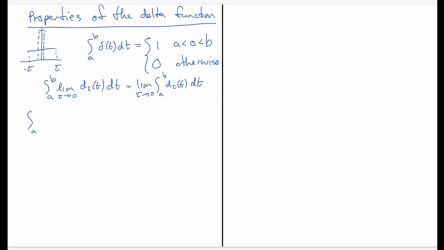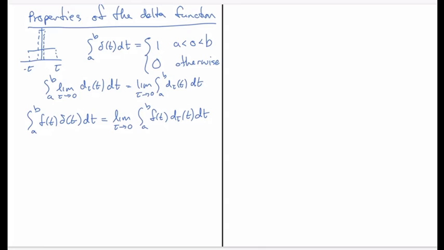So I'm going to do this for a few different things. Let's say we now take the integral from a to b of some function f of t multiplied by delta of t, dt. As I did before, I'm going to pull that limit out without going into the justification of what's going on when I really do that. And this is going to be f of t times d tau of t.